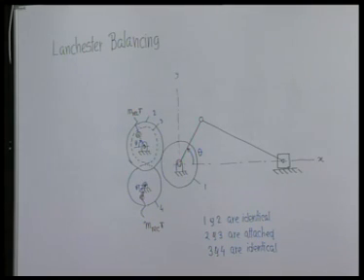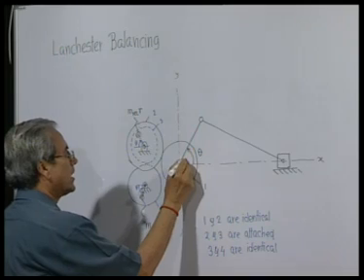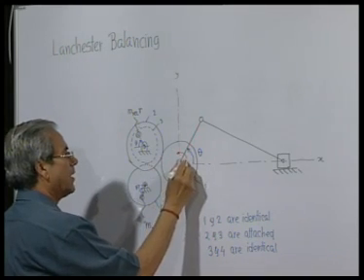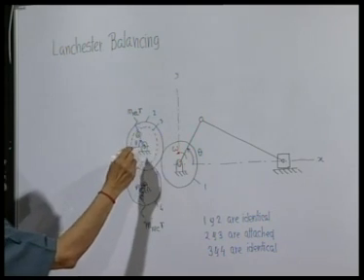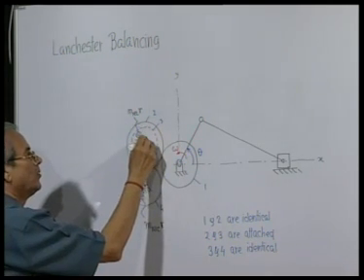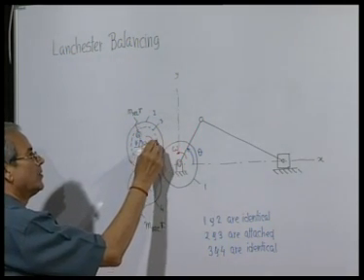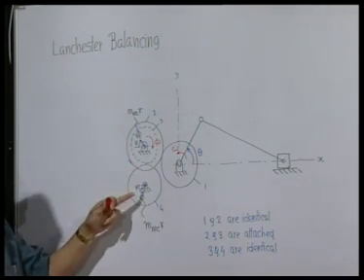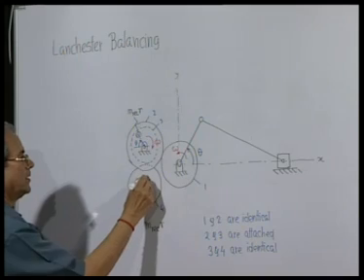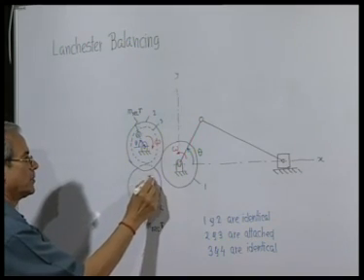Now, let us consider the motion. Since this is rotating in this direction with an angular velocity omega, this gear 2 along with 3 will rotate in this direction at the same speed omega. And since 3 and 4 are identical, this will also rotate with a speed omega.